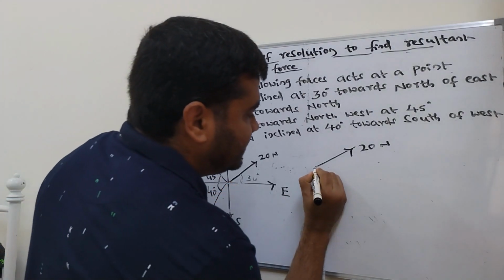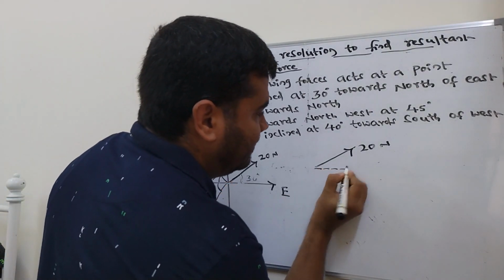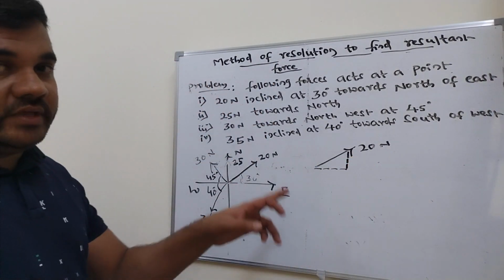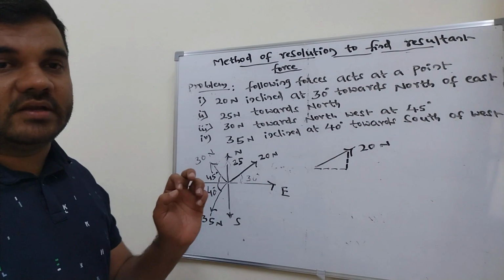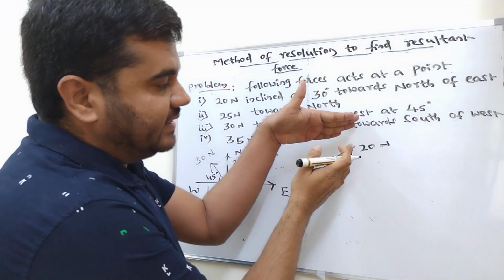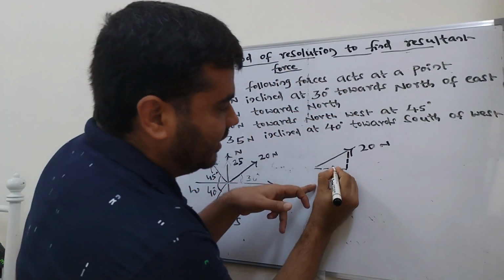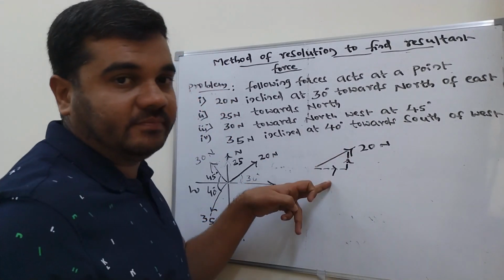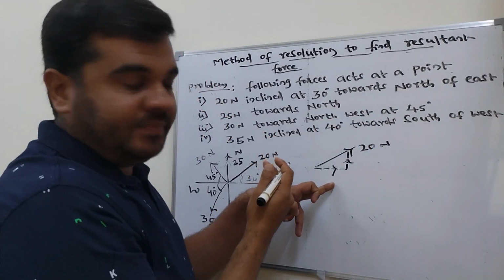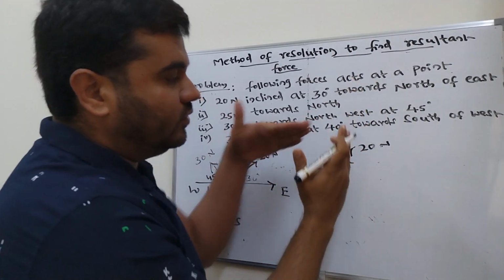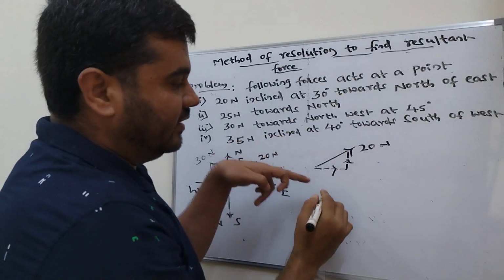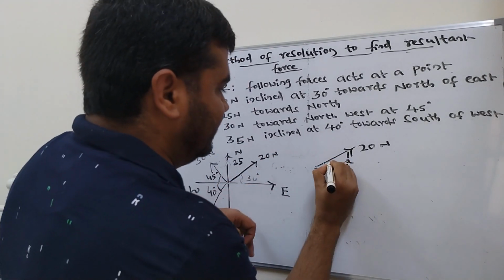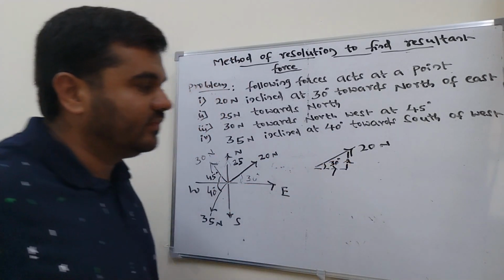But you need to be careful how you give the arrow marks. If you add them, the components go like this and meet here, then you will get the total of 20 Newton. You should not come opposite here. It will meet here. So this makes 30 degree.